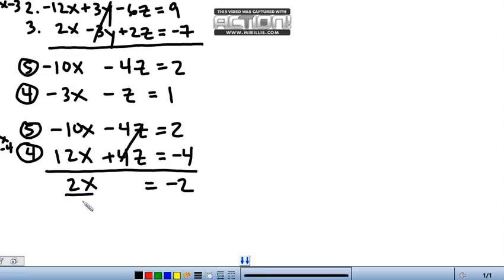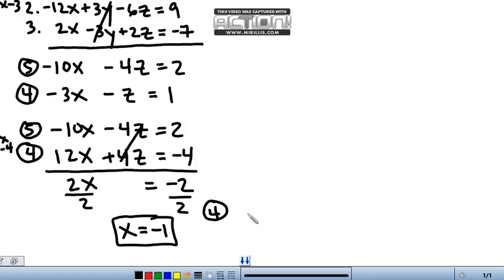So I'm dividing by 2 to solve for x. I have x equals negative 1. Now that I've solved for one variable, I'm going to substitute it back into equation 4 or 5, which have two variables. The easiest one looks like it would be 4. Plugging negative 1 into equation 4, that will be negative 3 times negative 1 minus z equals 1.